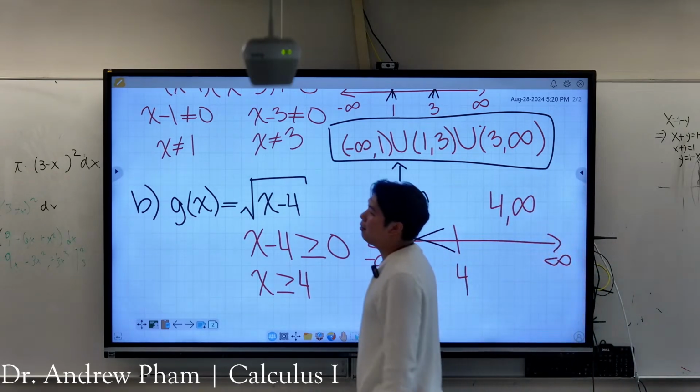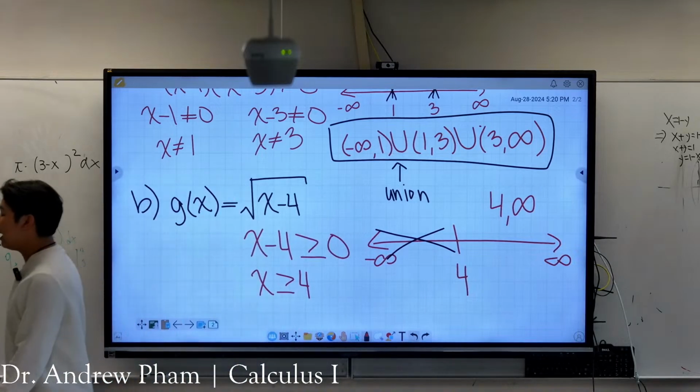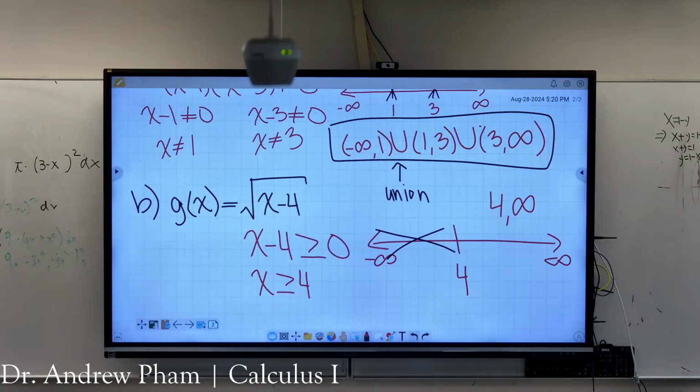Now the question is, am I going to be using parentheses for both of them or one of them or so on? So let's do a quick recap of interval notation. You have two options, a parentheses, the round ones, or the square brackets.